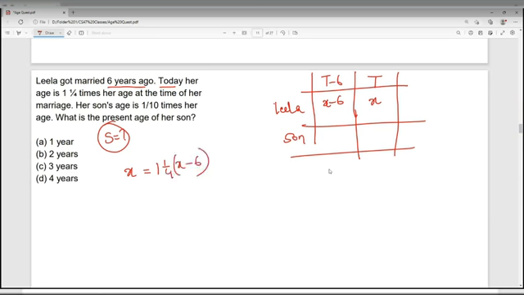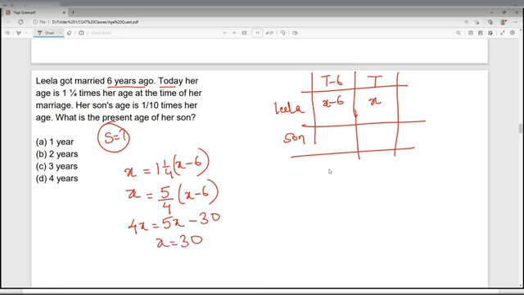Multiply by 4 here: 4X is equal to 5X minus 30. And then X becomes 30.